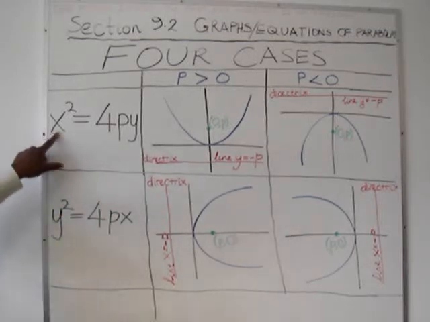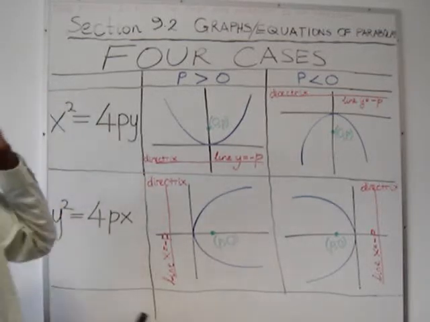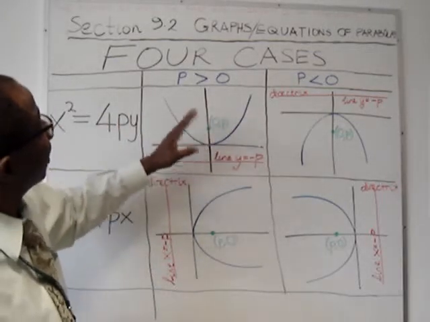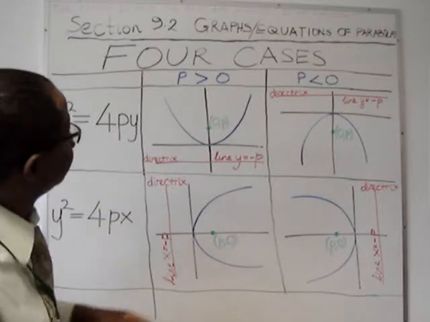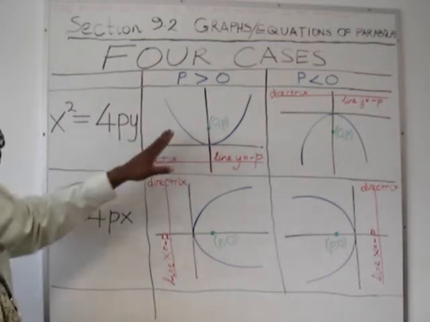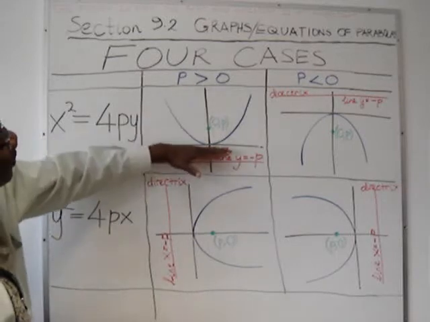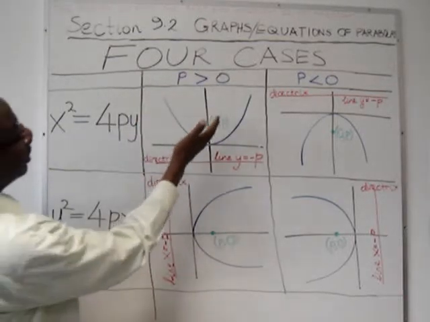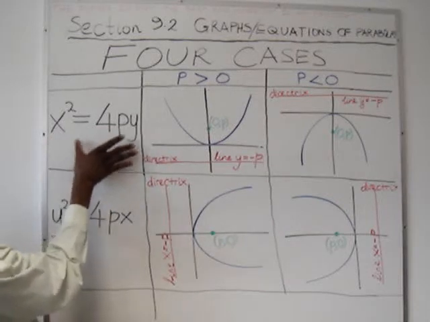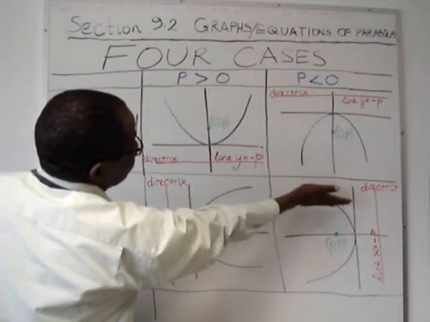So in this case, it's x. So x negative, x positive, I'm still going to have the same y, depending on the value of p. If p is positive, then it goes up. Then for that same equation, p negative means it will face down.